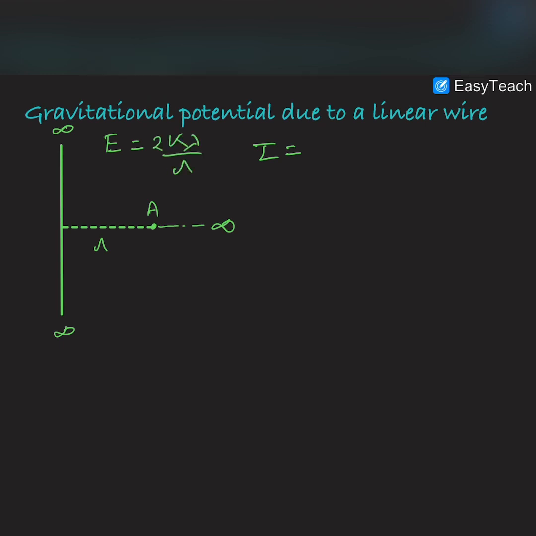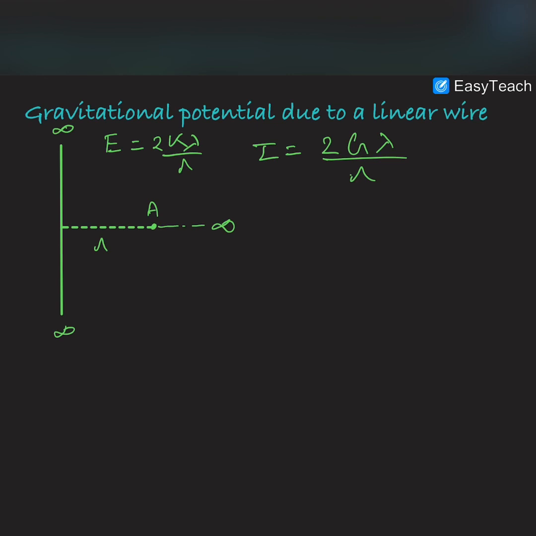So you can just use the formula: instead of k it is G, lambda here is mass per unit length, and r is the instantaneous distance. This is the gravitational field intensity due to a long linear wire.